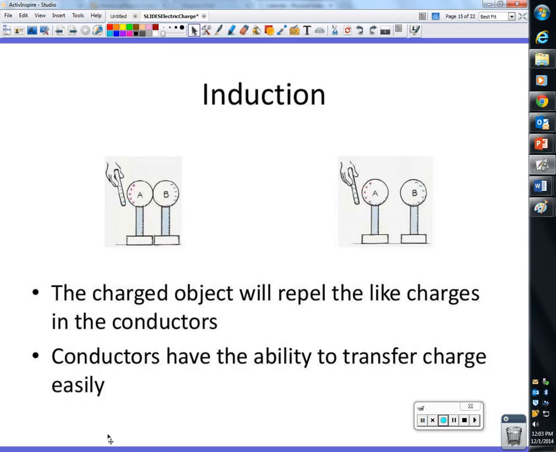So technically, this object is not charged because it has the same number of positives and negatives, but we can get them to sort of separate out based on what's surrounding it. So induction only happens in conductors because we get that charge to move around. Technically, we've separated the charges without imbalancing them. Does that make sense? If you get that about induction, you'll be good to go. Okay, good there?